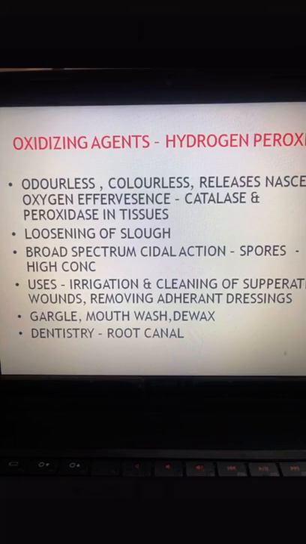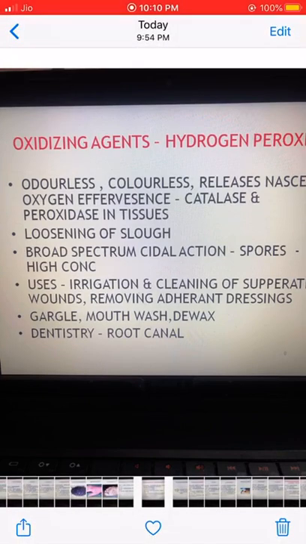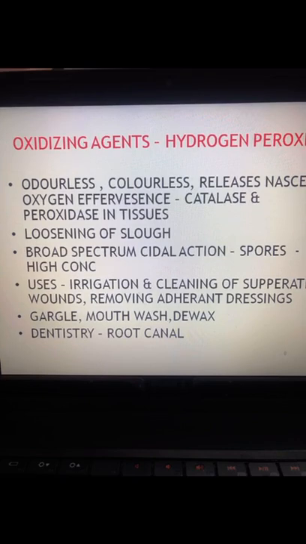That's how it is used, and it's got broad spectrum cidal action, particularly on the spores in high concentration, and its uses are in irrigation and cleaning of suppurated wounds, removing adherent dressings, and so on. So, the most commonly used drug, hydrogen peroxide, in surgical practice is to irrigate and to antisepticize the wounds, and it's also used as gargle and in mouthwash.